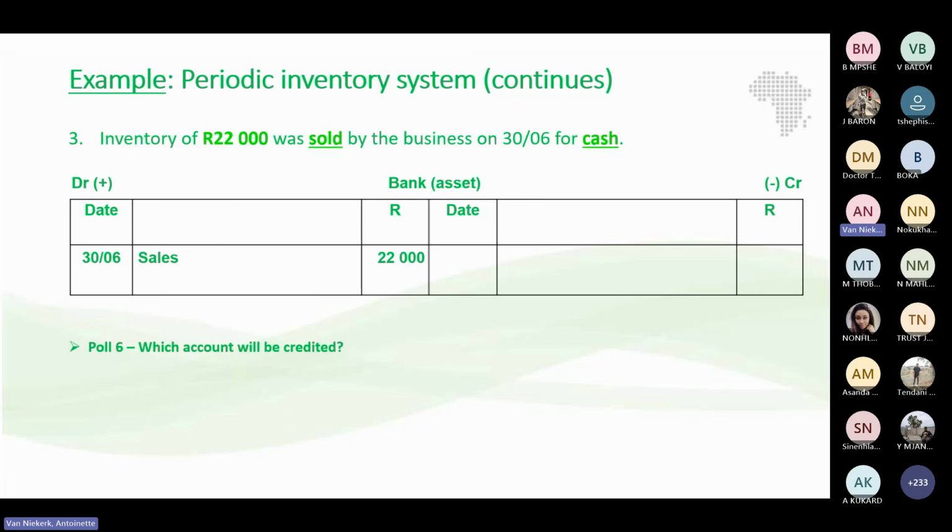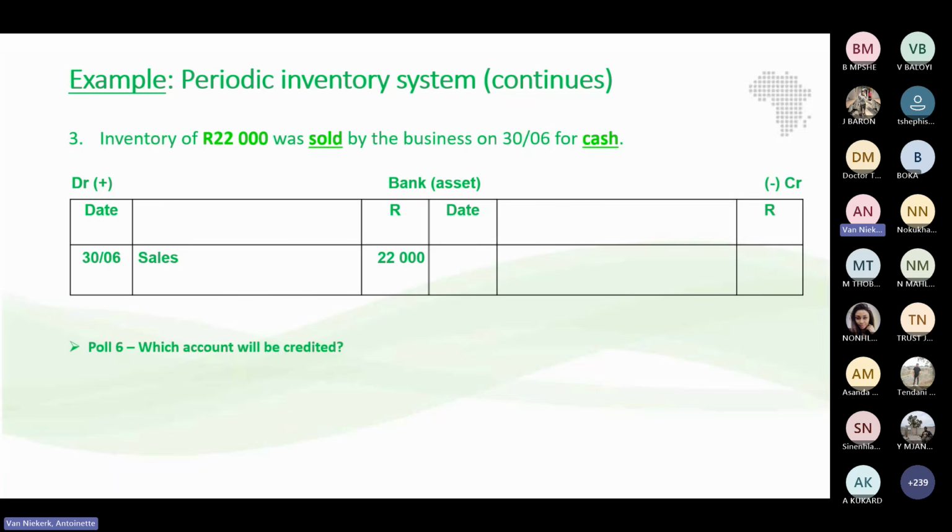You use either purchases or sales when purchases or sales occur. Remember, this is a cash transaction, so we already have the bank account. You can already exclude the bank account here. Now we have another account that should be recorded on the credit side. What account do you think that will be?